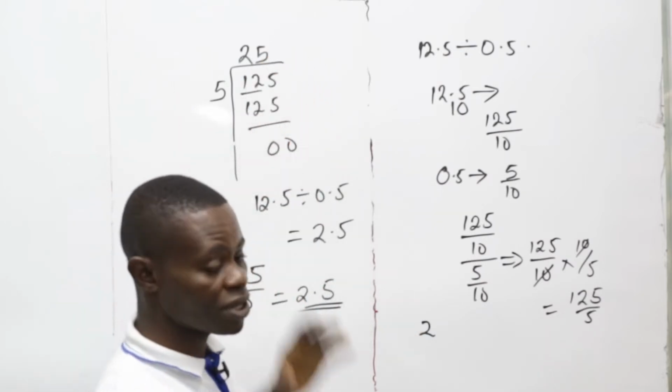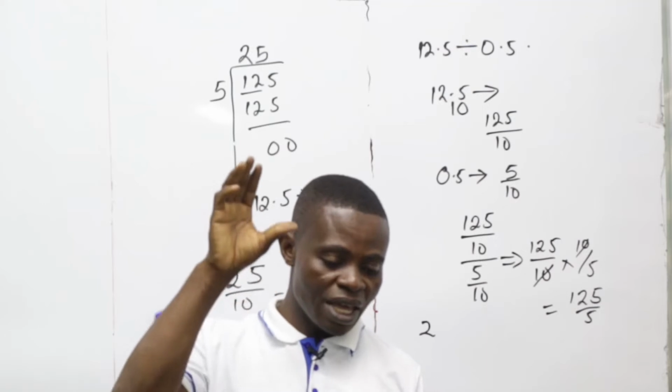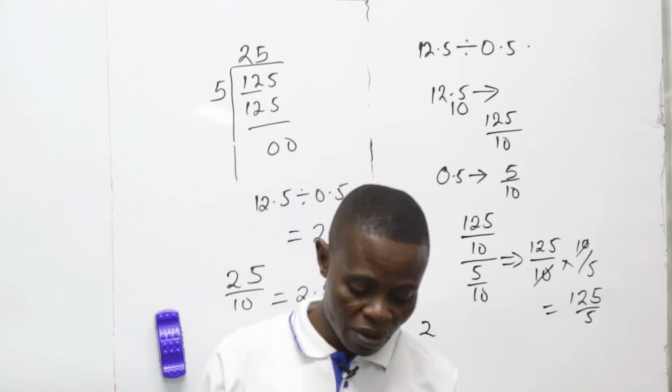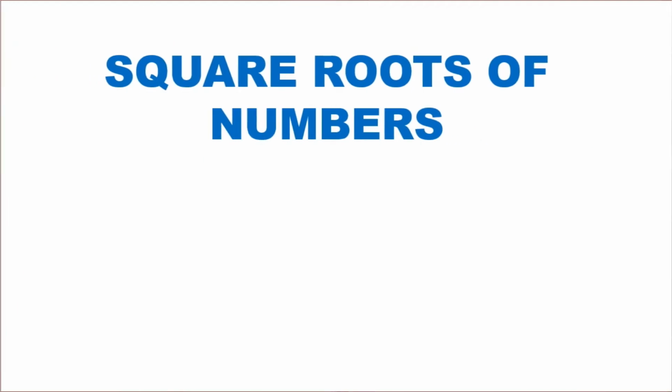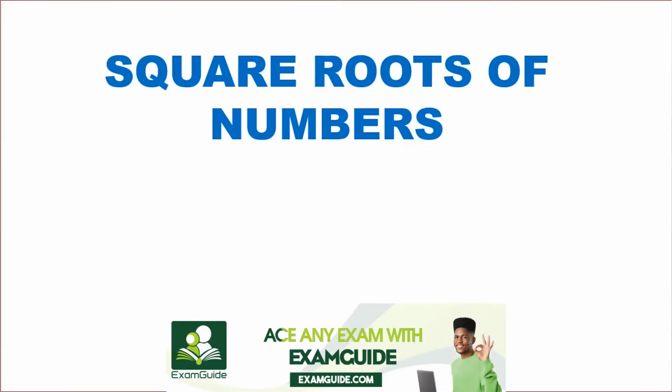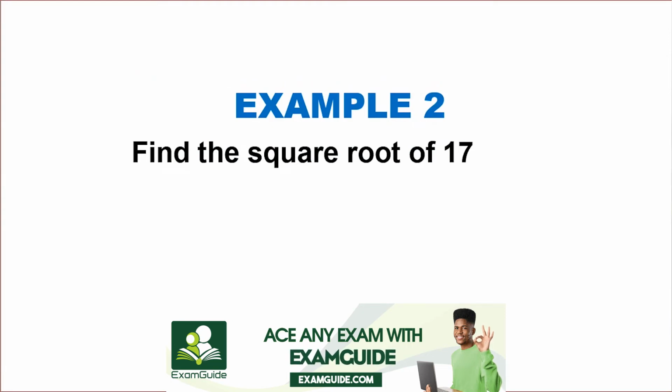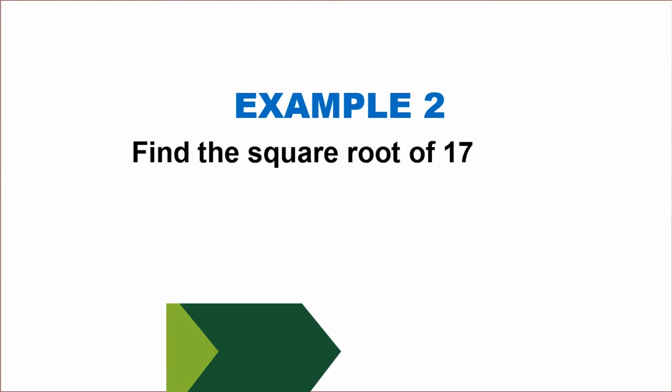The major focus here is solving a given number or taking square root of numbers where 4-figure table is not available, where calculator is not allowed. Square roots of numbers. So look at the first one. Find the square root of 17. I know somebody will say how.